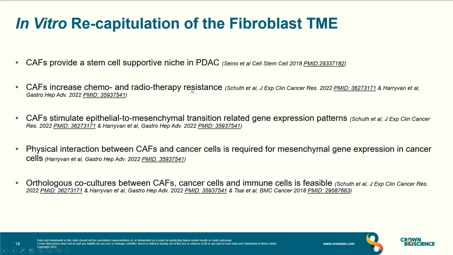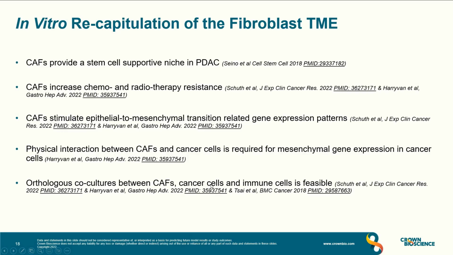We know that CAFs are increasing chemo and radio resistance, stimulate mesenchymal features and metastasis by being involved in epithelial to mesenchymal transition. They are published to show a physical interaction with tumor cells, and this also contributes to their tumor growth.